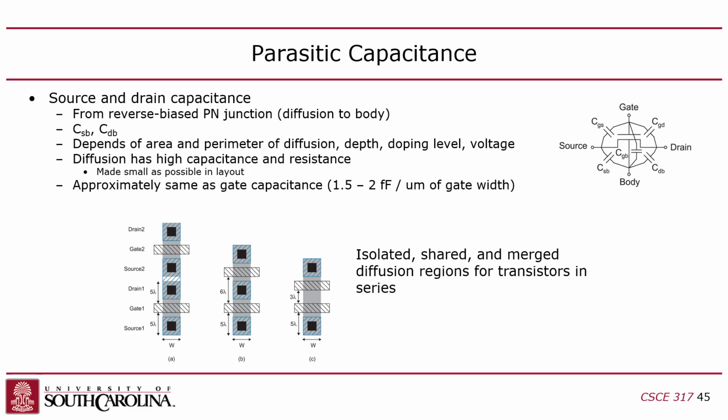So that's isolated, shared, and merged diffusion regions. Oh, actually, these are in series in this case. Yeah, it's talking about putting these in series. Well, that works too if you have separate signals controlling these guys.